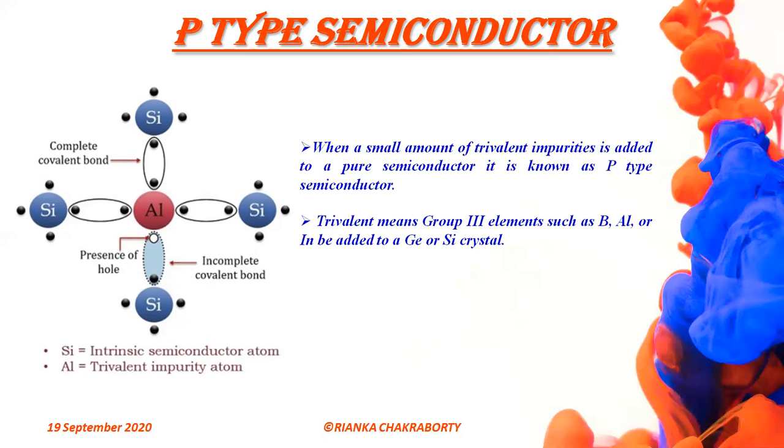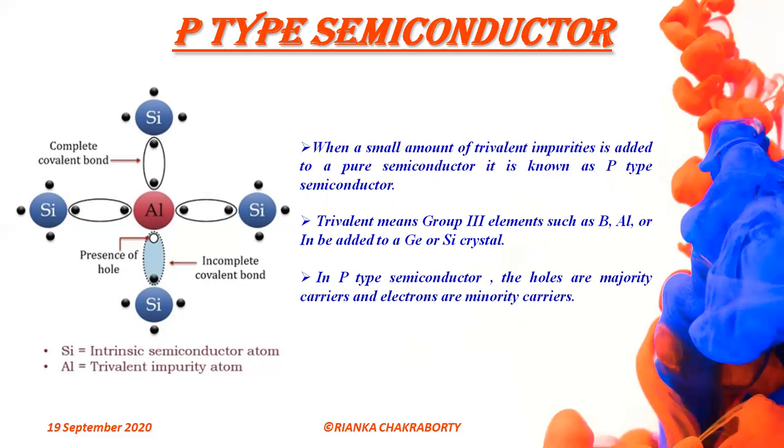As the impurity atom accepts an electron, it becomes a negatively charged immobile ion. Since the impurity atoms accept electrons, they are called acceptor or P-type impurities. These impurities produce excess holes which carry positive charges. Therefore, semiconductors containing acceptor type impurities are known as P-type semiconductors. So we can say that in a P-type semiconductor, the holes are the majority carriers and the electrons are the minority carriers.